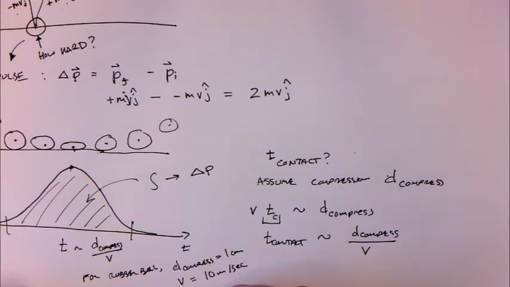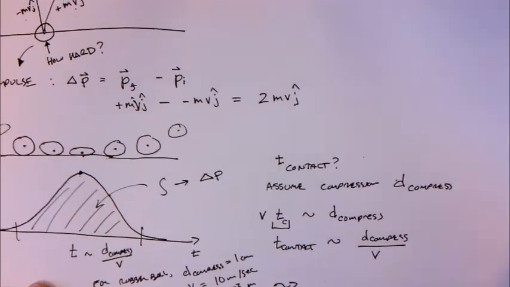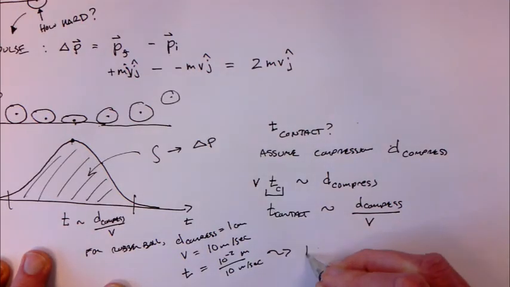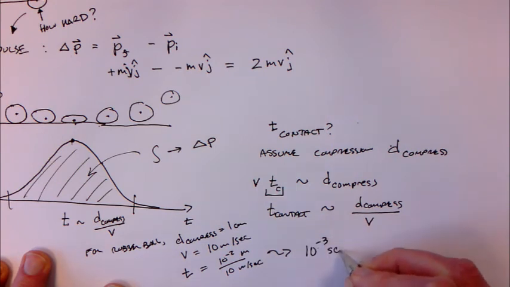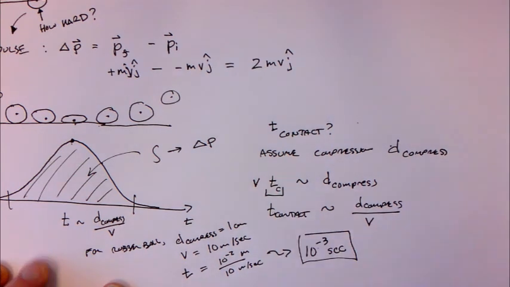So the time scale is going to be 10 to the minus 2 meters over 10 meters per second. So that rubber ball is in contact with the ground for on the order of 10 to the minus 3 seconds.